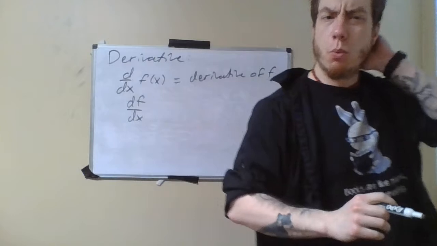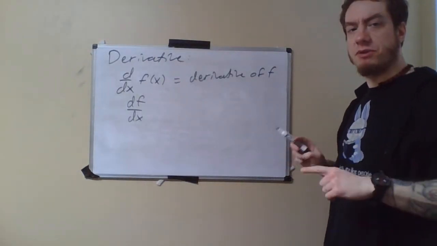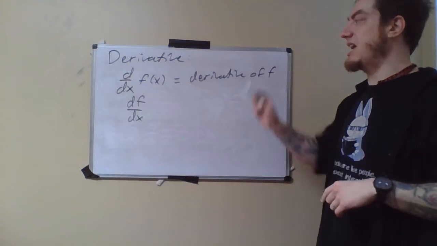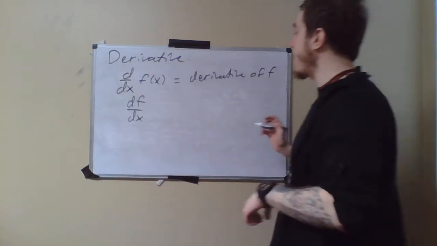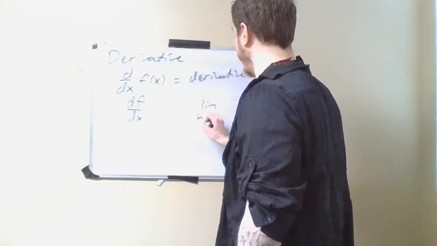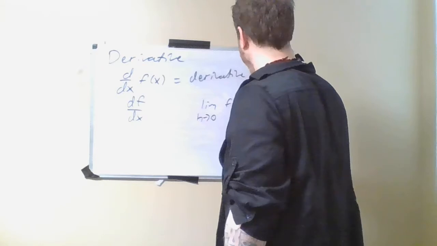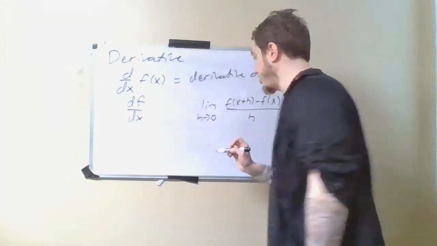Now, why does this notation happen? I just want to explain where this notation comes from, because if you just see it, it's a little bit weird. The idea is, think about what is really going on in the limit as h goes to 0 of f of x plus h minus f of x divided by h.